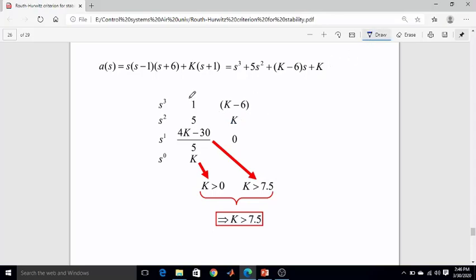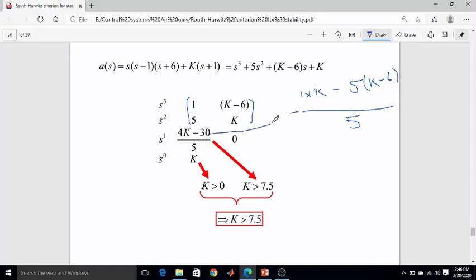next entry using the determinant formula, we take these terms and solve it like 1 into (k minus 6) minus 5k divided by 5, with minus sign.